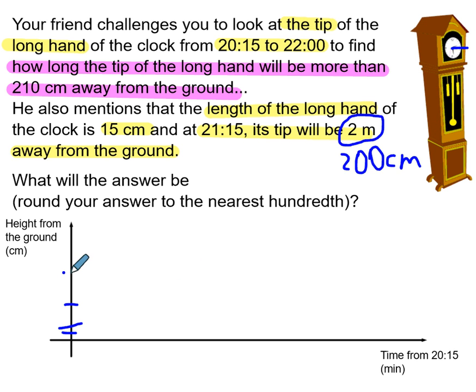So at 9:15, it's going to be at 200 centimeters. Here you have 0, which is 8:15, and then we're going to count by quarters. So after 1 hour, at 9:15, our height will be 200 centimeters.